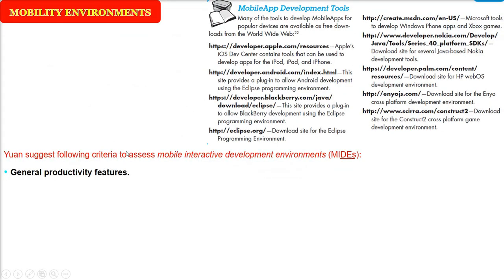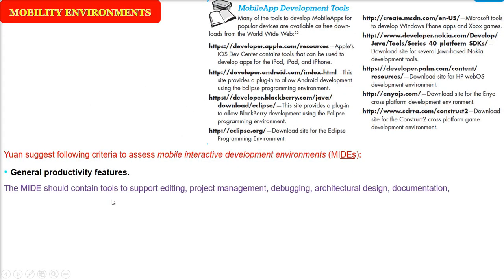So Yuan was suggesting the criteria. First is general productivity features. Whenever we are choosing a MIDE, it should contain tools to support editing, project management, debugging, architectural design, and documentation.